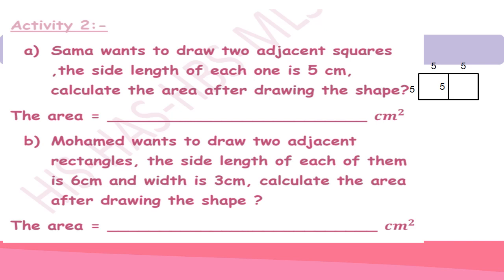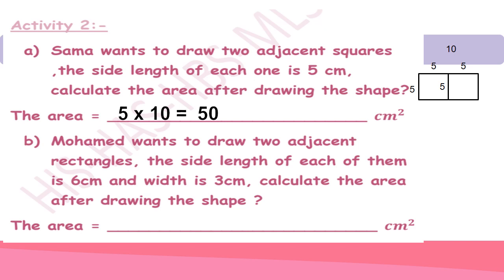Look here, two adjacent squares make a rectangle. So I can make length by width. Where is the length? It's 10 and the width is 5. So I can get it by one step. 5 by 10 equals what? 50 centimeters squared.